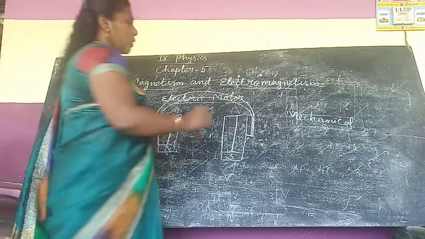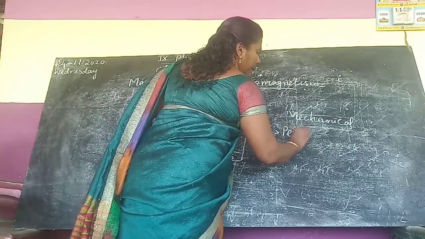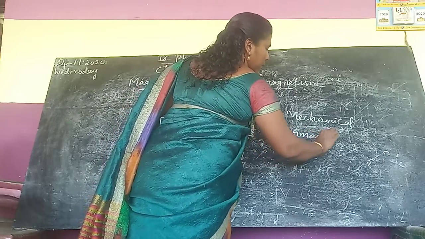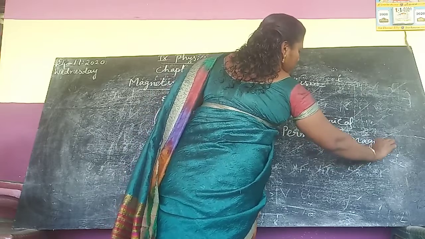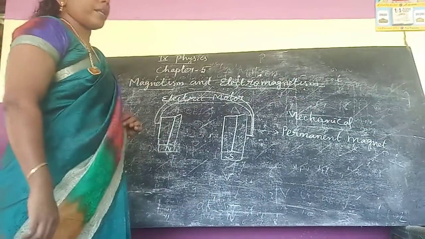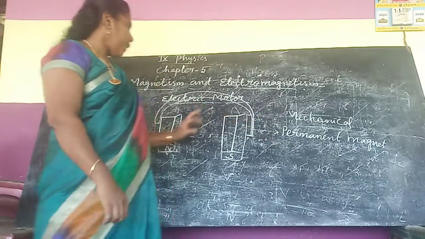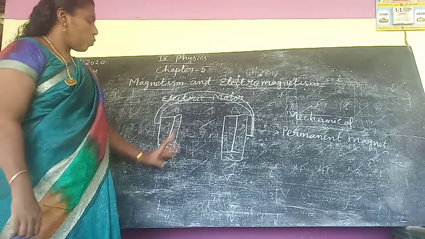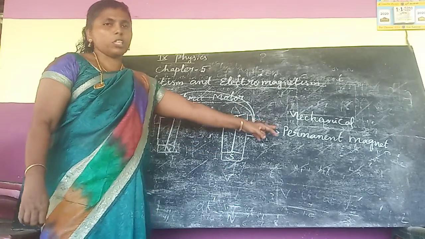Permanent magnet. So you have to write here permanent magnet. We have already learned about the permanent magnet. What is a permanent magnet? It does not lose its magnetic power. So it consists of two poles. You know what the two poles are? North pole and south pole of a permanent magnet.